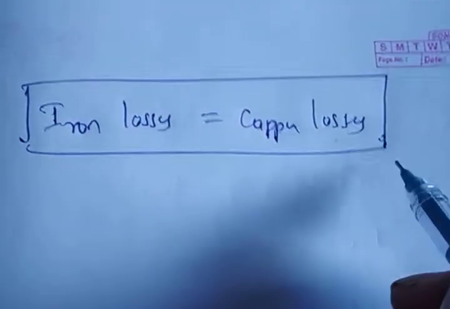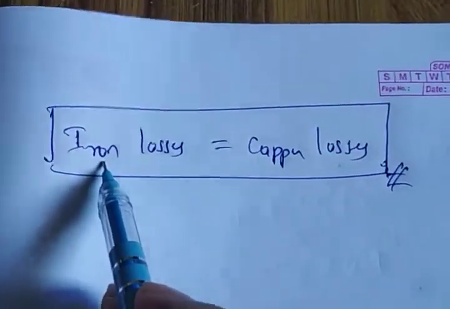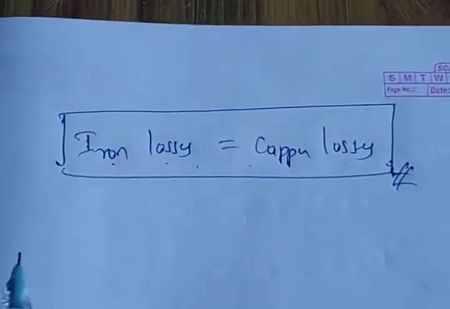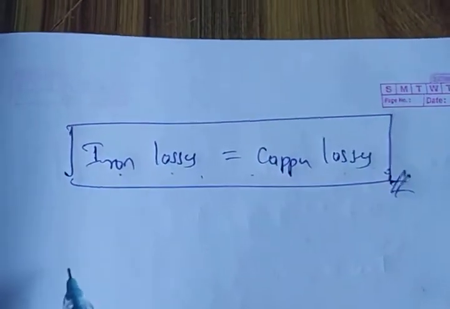This is the condition for maximum efficiency of the transformer: when iron losses are equal to copper losses, you get the maximum efficiency. From this equation we can write the load current.